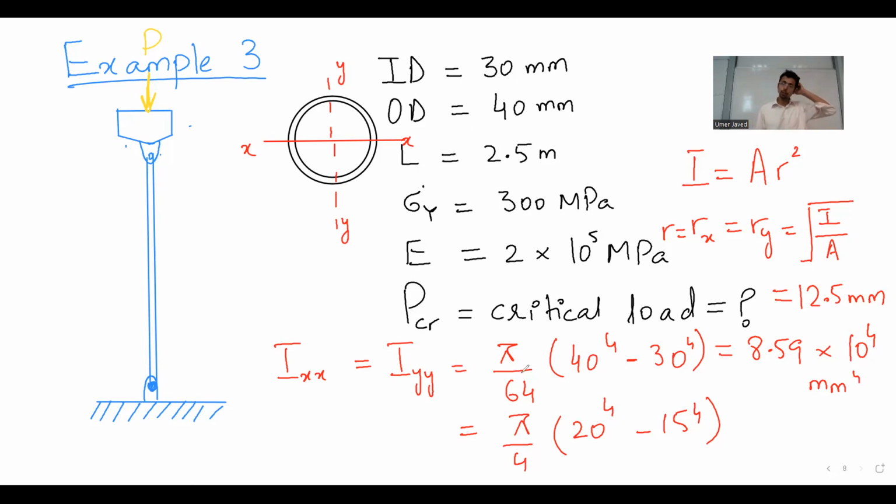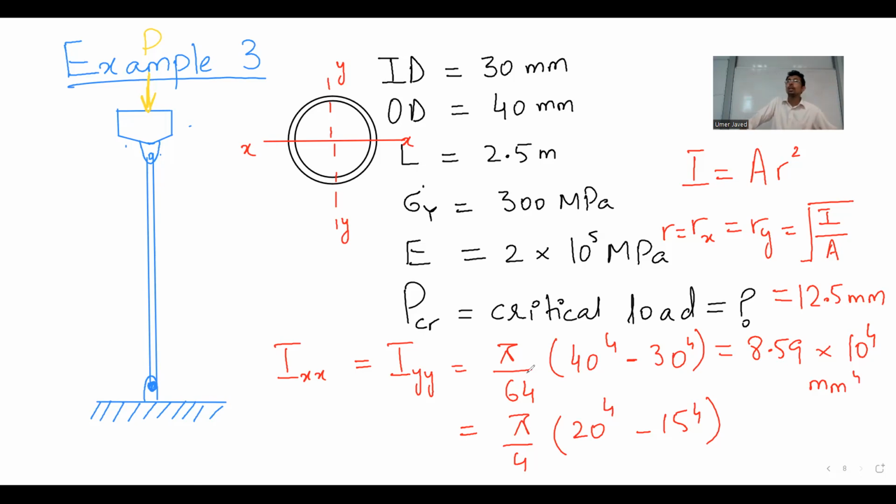It is not pi by 32 because you remember that shear stress is equal to TR over IP or TR over J, the polar moment of inertia, IP or J. The J value is pi by 32 into D power 4, or pi by 32 into D2 power 4 minus D1 power 4. Pi by 32 comes in the polar moment of inertia.